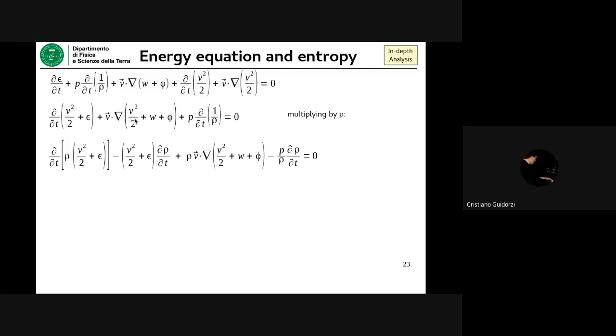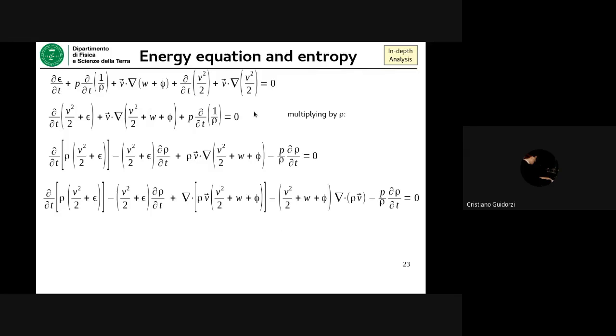The second I'm just leaving as is, so it's just rho V scalar, and the rest is the same. And here I explicitly calculate the derivative of 1 over rho, which is minus 1 over rho squared d rho over dt. So minus 1 over rho squared, but I'm multiplying the equation by rho, so I'm left with minus 1 over rho. And P is there because it was really minus, as a result of the previous step.